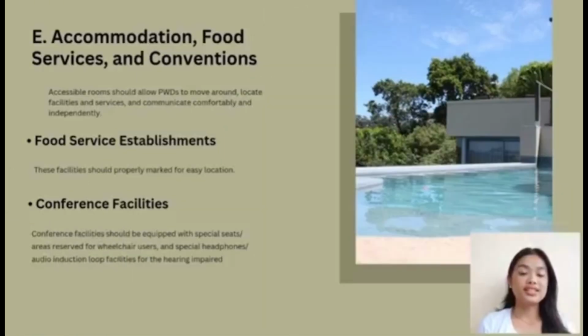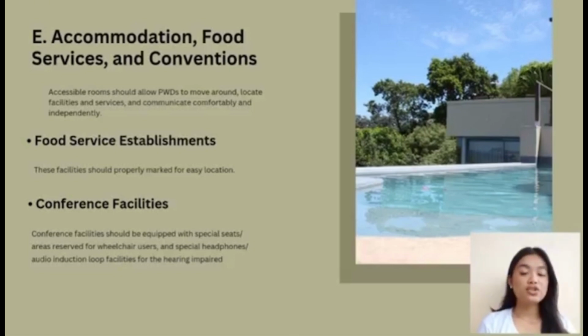Then the next one is letter E, accommodation, food services, and conventions. Accessible rooms should allow PWDs to move around, locate facilities and services, and communicate comfortably and independently. Examples of these accessible areas are food service establishments. These facilities should be properly marked for easy location. Next, conference facilities.